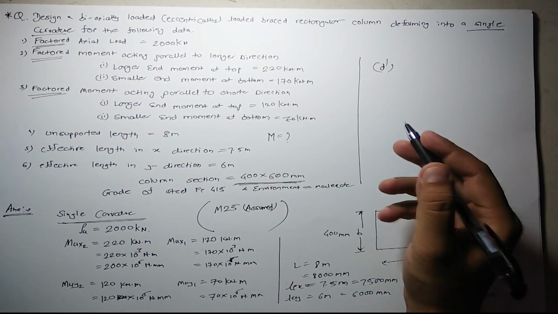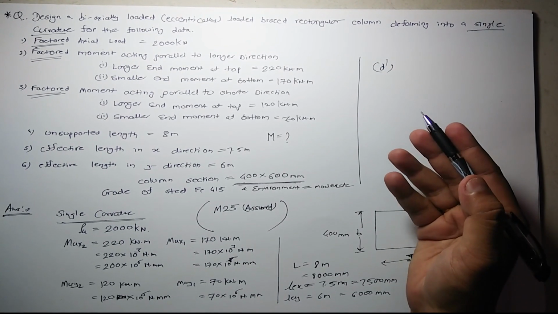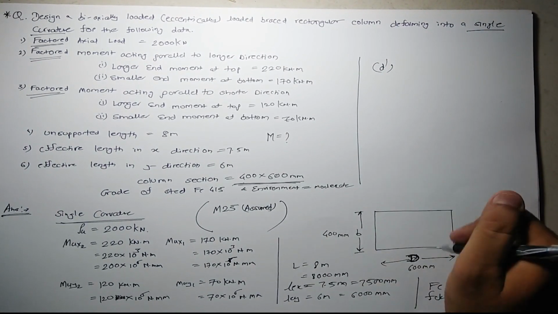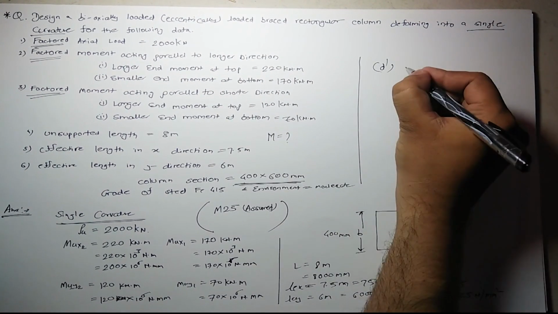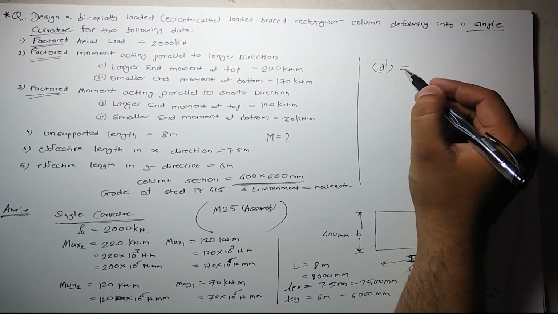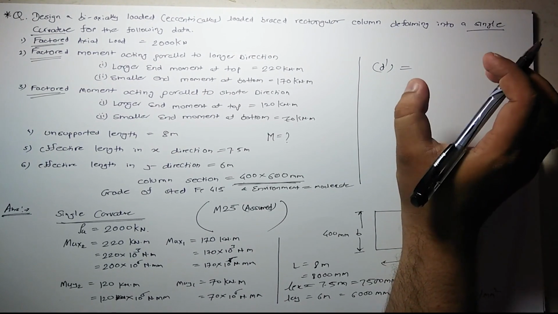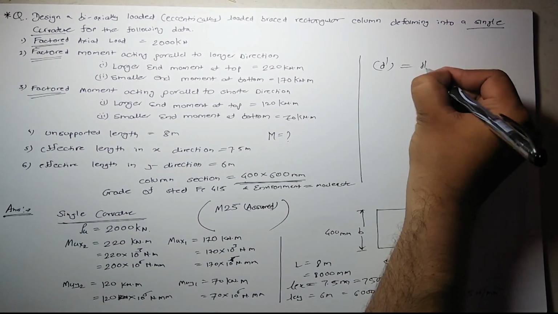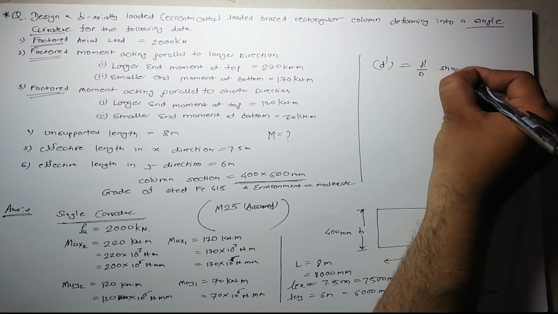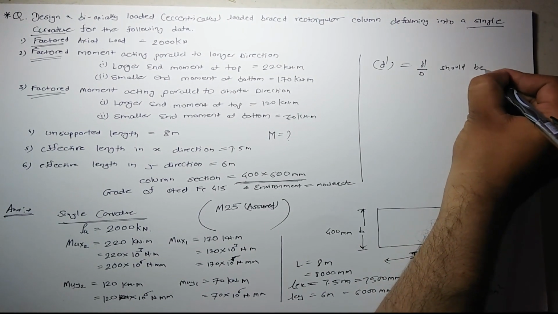In the earlier steps I have just kept small d, but it's all about nomenclature. So d dash we need to assume in such a way that the ratio of d dash by D should be identical to the value in the table.